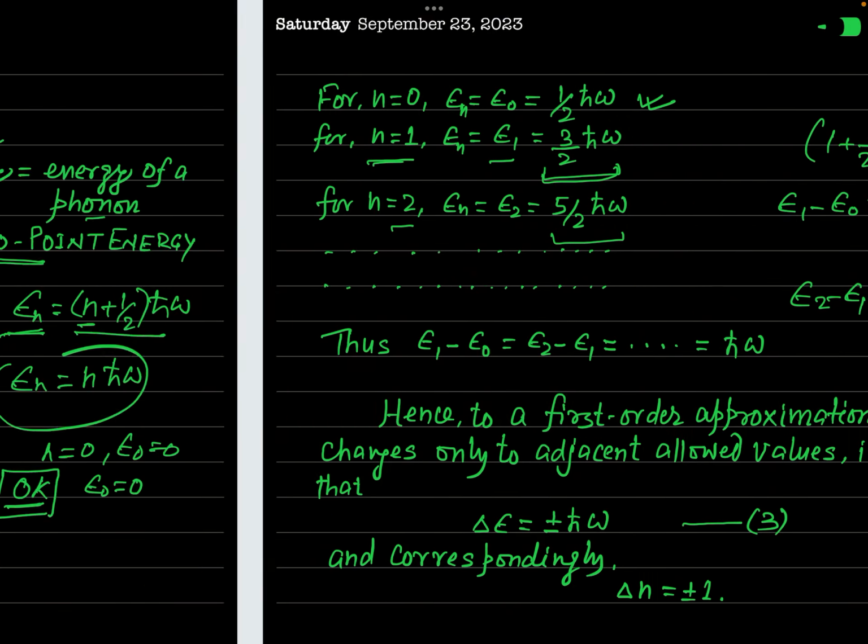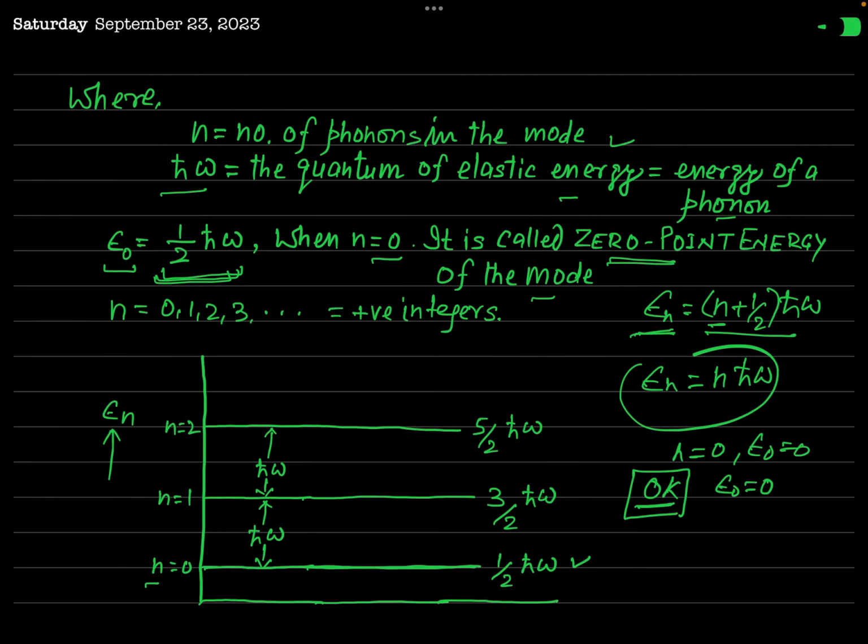So you can say that actually the energy levels during the vibration of lattice are equally spaced, and the energy separation between the two successive energy levels is constant, and that is equal to h bar omega. Okay?